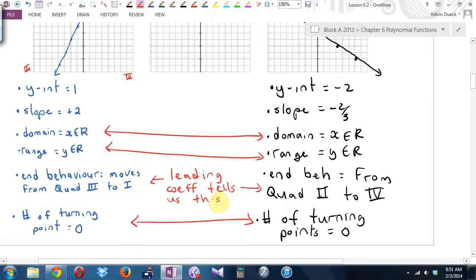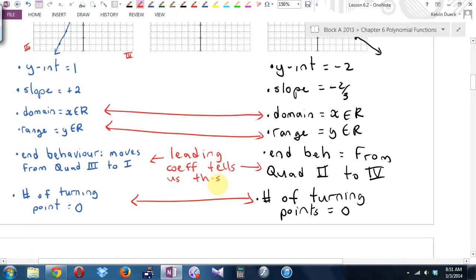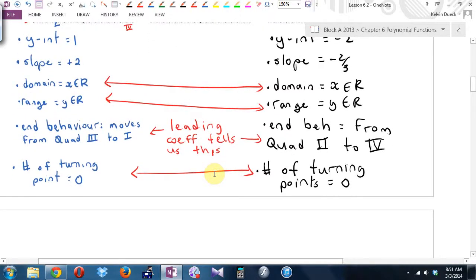The leading coefficient tells us this. Also, the whole positive negative slope thing. So we're trying to find some universalities for lines. Emma, it's nice if I have to graph it, if I have graph paper, fine. But I'd like to see if I can do at least some of this in my head. Some of it, clearly, I can't.